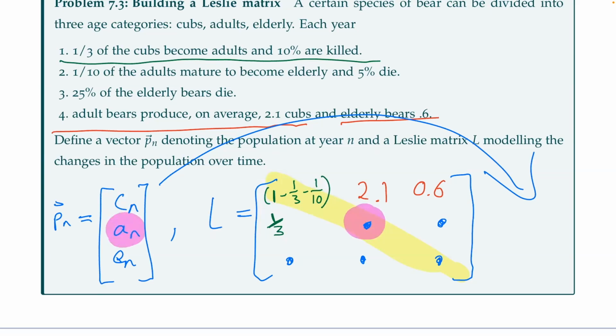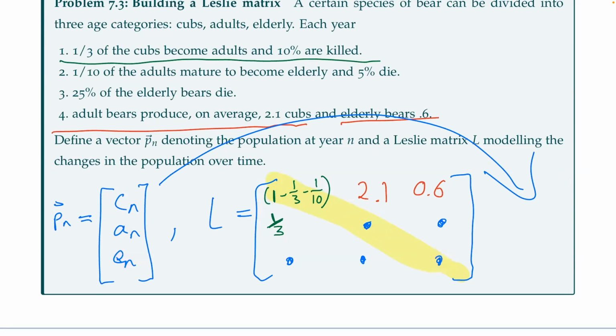So that's adults in year n contributing to adults in year n plus 1, things surviving from one year to the next and staying as adults. And this third one is similarly everything in our elderly class contributing to the elderly class in the next year, things surviving as elderly. So there's no aging going on in any of those categories.